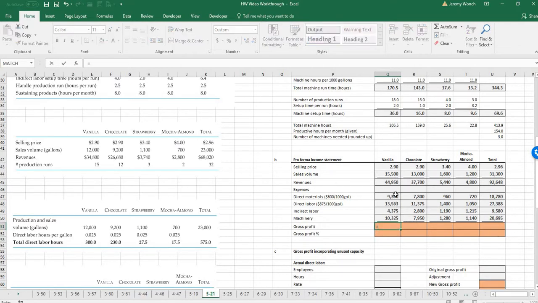So to figure out gross profit, we take our total revenue, and then we're going to subtract all of our expenses. In our gross profit percentage, we just take our gross profit, divide that by our total revenues, gets us our gross profit percentage.